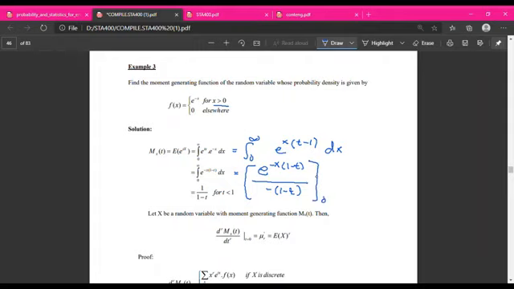Okay. 0 to infinity. E power of negative infinity will be 0. Right? So, 0 minus dengan e power of negative 0, you akan dapat 1. Betul tak? E power of negative 0, you akan dapat 1. 1 over negative 1 minus t.